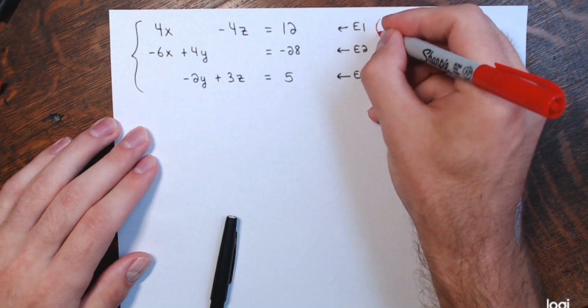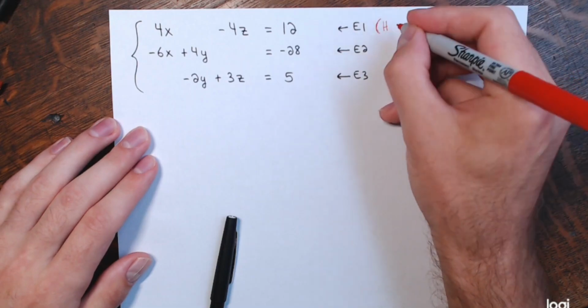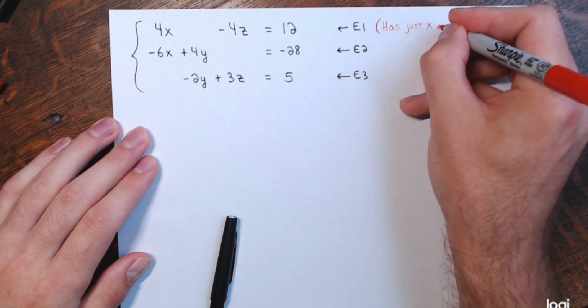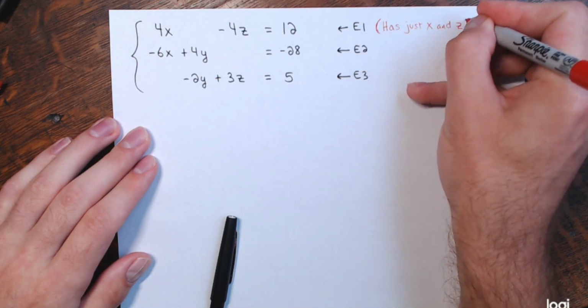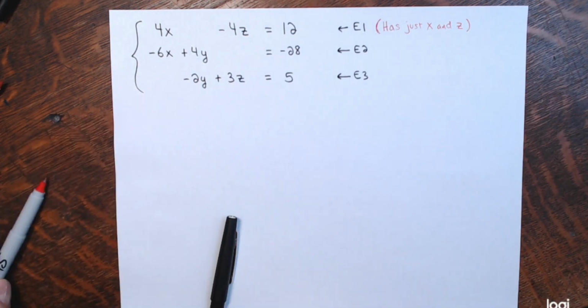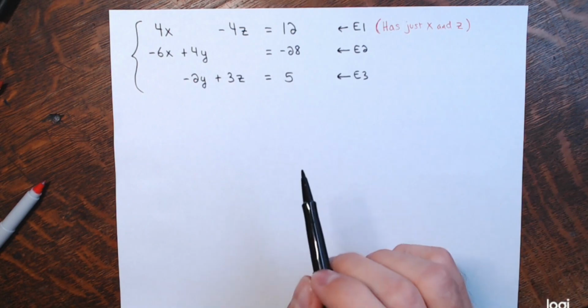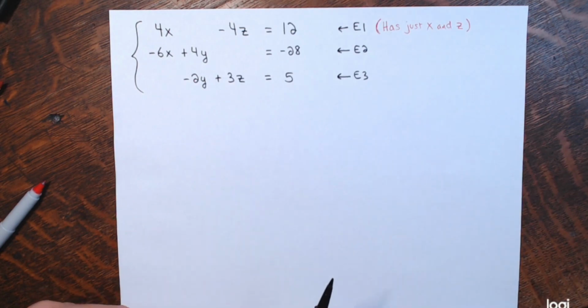It already has only two variables. And then what I want to do now is create another equation with x and z. And then I'll have a system with two equations and two variables that I can solve.